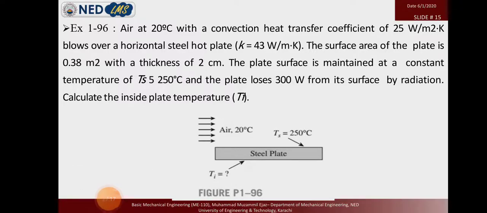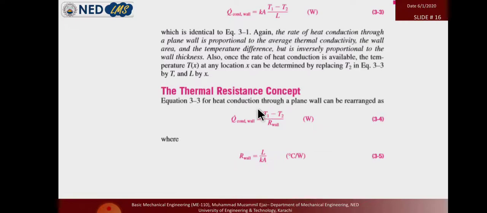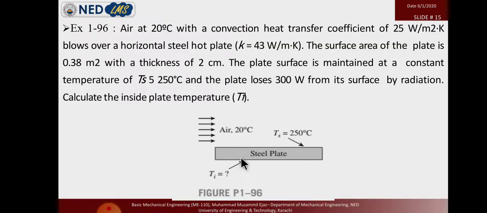So in this particular numerical, you can see that we have to find out the temperature of this point, the bottom surface. The upper surface is at 250 degrees centigrade, and air is blowing over the upper surface. You have to determine by your own imagination that the heat transfer should take place from this point to this point, because air is blowing from above. The blowing air temperature is lower compared to the surface temperature.